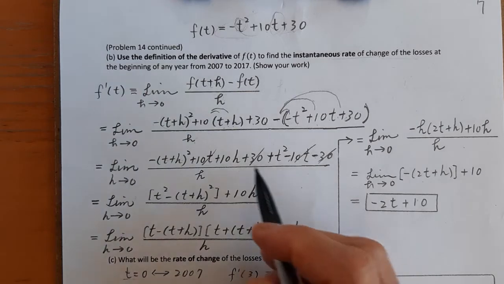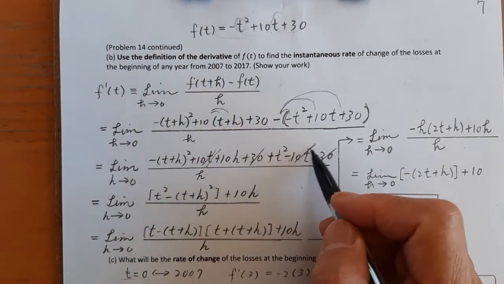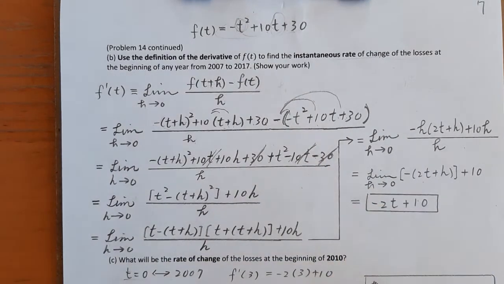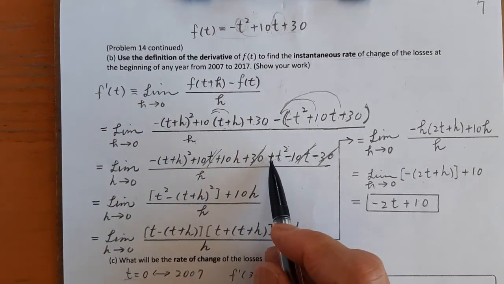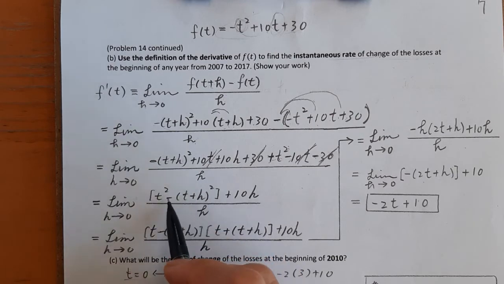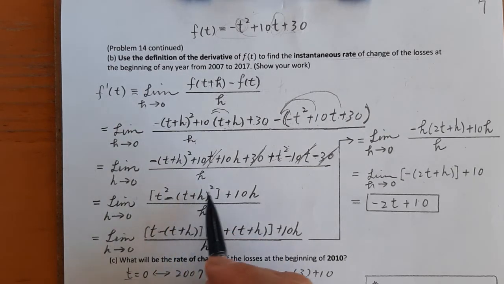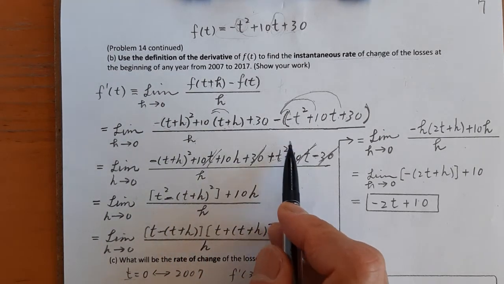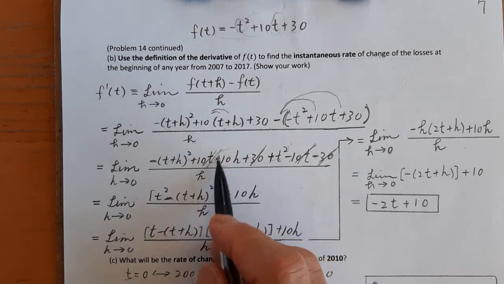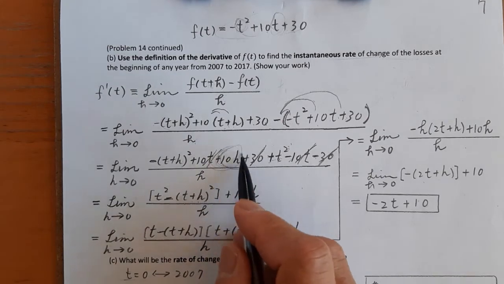Then 10t minus 10t is 0. 30 minus 30 is 0. So what remains is t squared, put down first, then minus quantity t plus h squared, plus 10h.